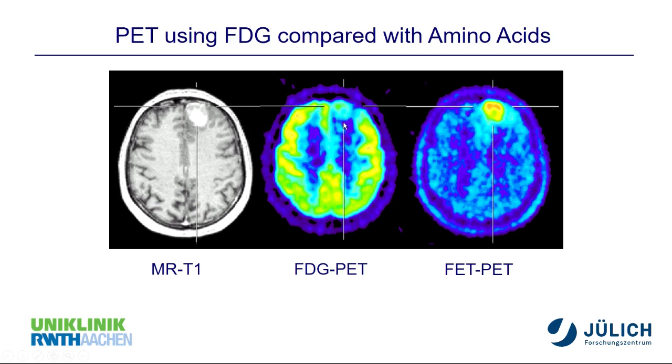In contrast, as shown on the right, uptake of radiolabeled amino acids in the normal brain is low, and brain tumors can be depicted with a high tumor-to-brain contrast. Therefore, amino acids offer considerable advantages in the diagnostic evaluation of brain tumors compared to FDG and have become the preferred tracers for brain tumor imaging in the last decades.